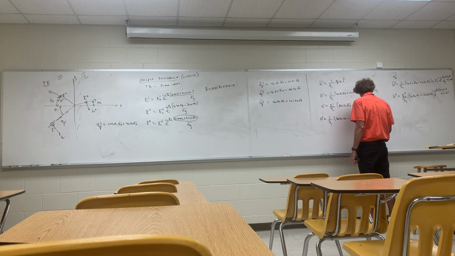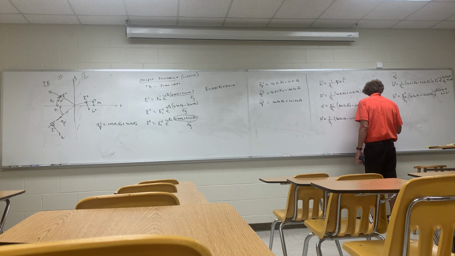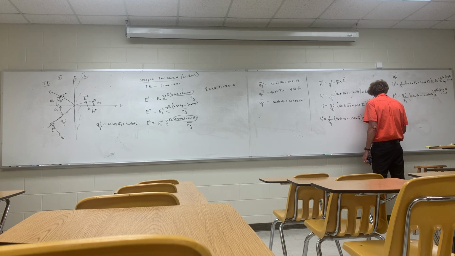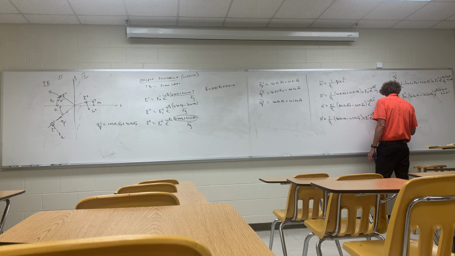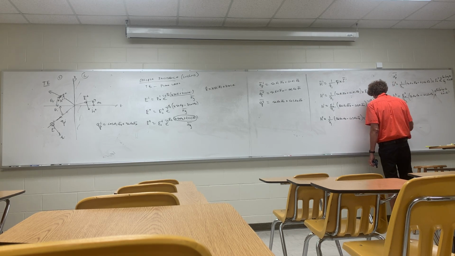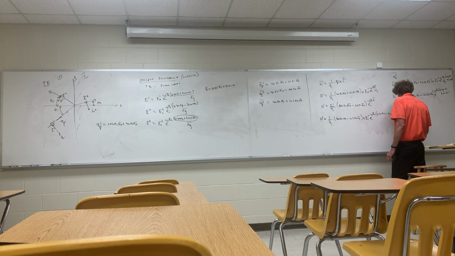And then it's crossed into the E field, which is E naught reflected times e to the minus j beta 1 times x times the sine of theta reflected minus z times cosine of theta reflected, because it's propagating in the opposite direction, in region 1.